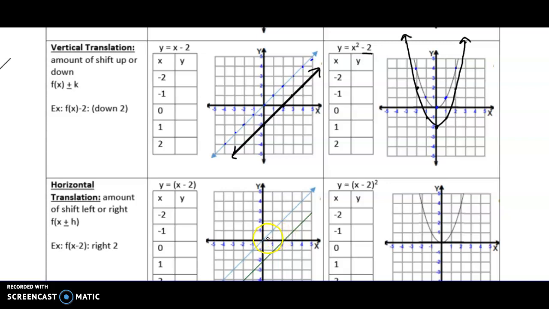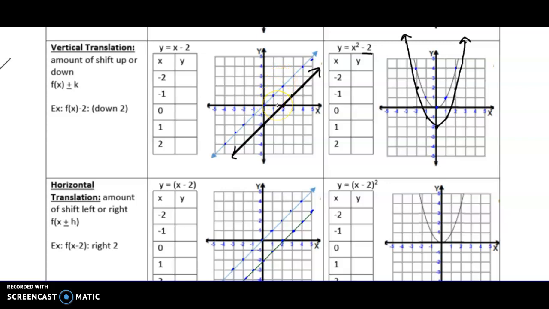So if I took each coordinate on this initial graph, and this one I actually already have done for us, I'm just going to take each point and move it 1, 2 to the right. 1, 2, 1, 2, 1, 2, and so on. Okay, and that's how you get that graph. So 2 to the right. You may notice that 2 to the right for the linear was the same thing as down 2.